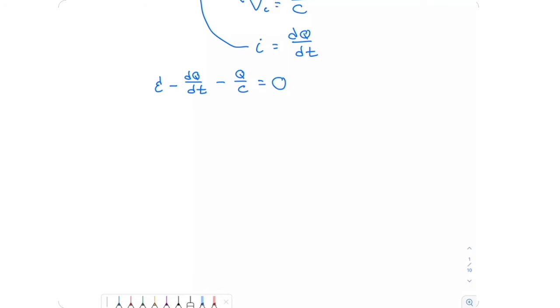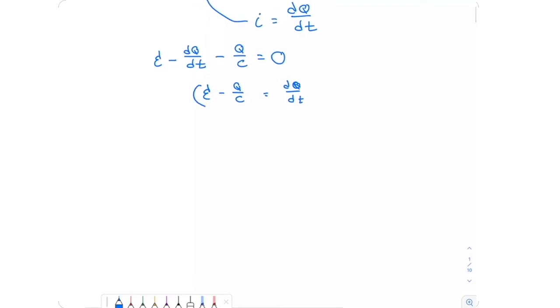Okay, so what I'm going to do is rearrange this a little bit. I'm going to bring the dq/dt to the other side, and that leaves E minus Q over C. Then I'm going to divide both sides by E minus Q over C and multiply both sides by dt.